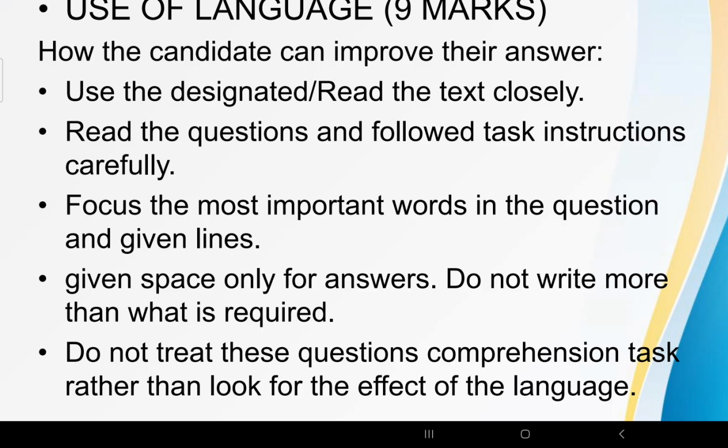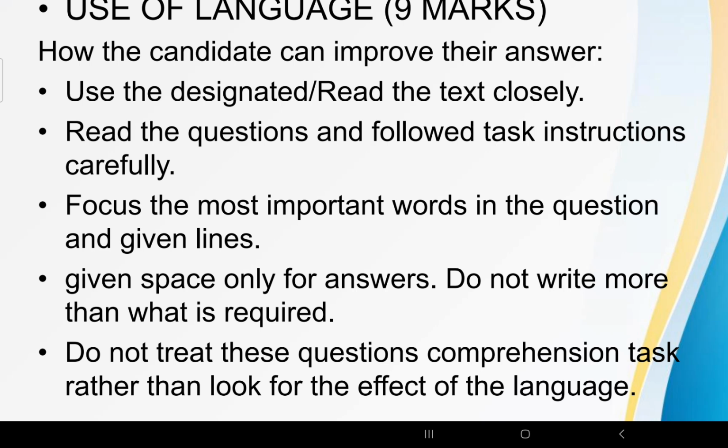Read it closely and try to comprehend it, get the main idea, and understand the story. That is the first and most basic thing you should do while attempting question number 1 and question number 2 both.